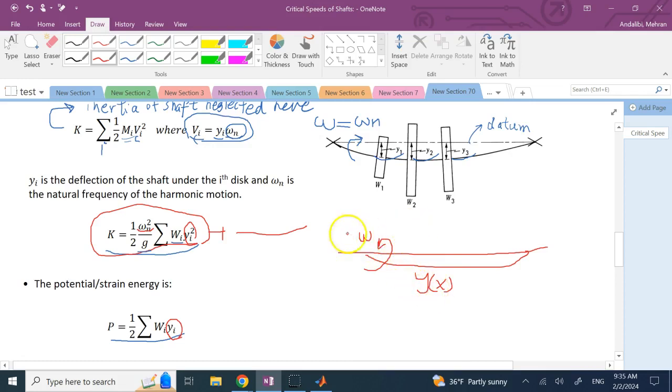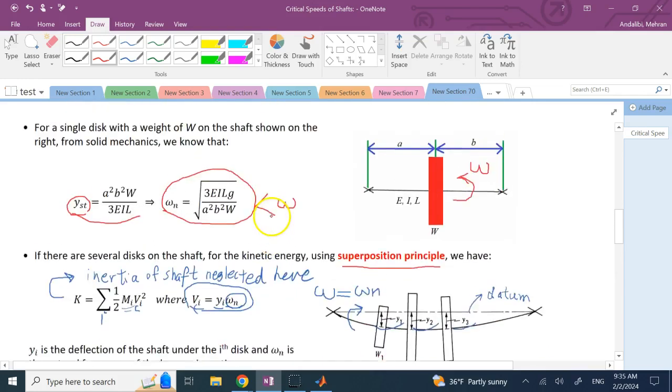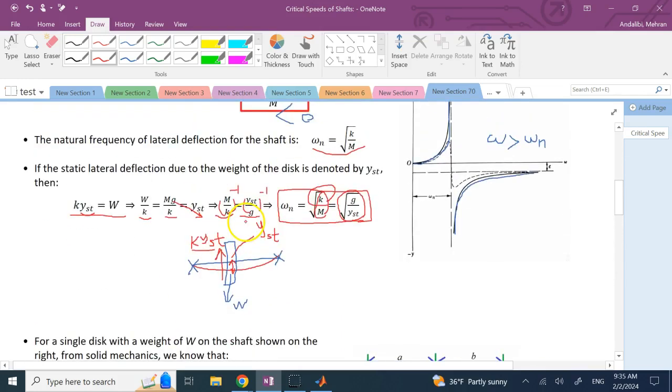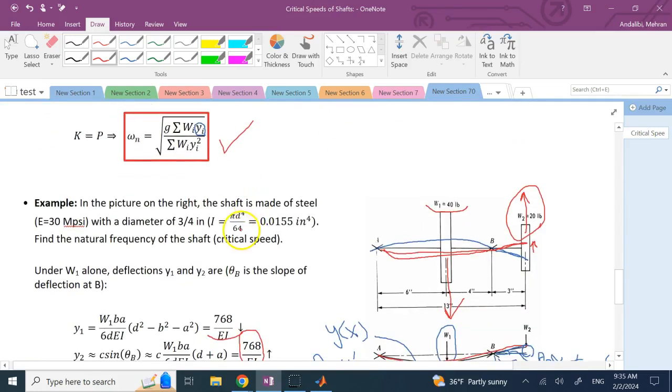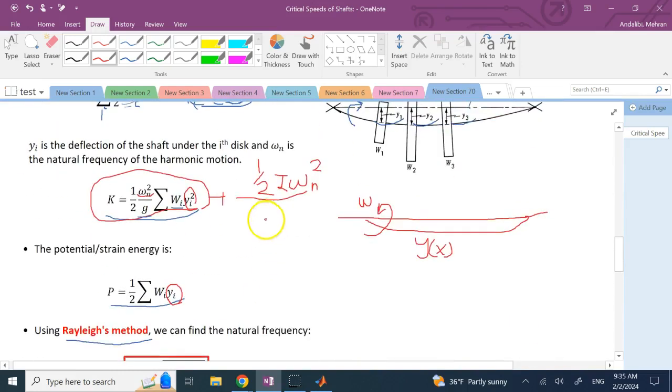You might say the kinetic energy is simply 1/2 I omega squared. No, it's not. This is assuming there is no deflection. Because when it is deflecting, the I of this shaft about this axis is not this simple pi d to the 4/64. It's not this much. Remember, we have to calculate it under dynamics.